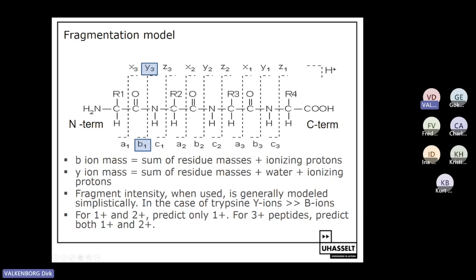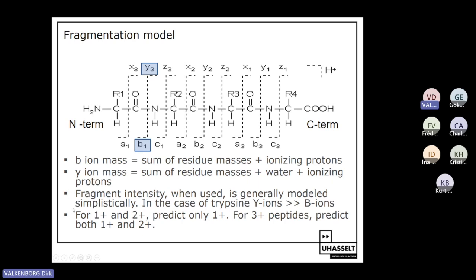So this is how we will generate, for every candidate peptide, a virtual spectrum by enlisting all the B ions and all the Y ions, taking into consideration possible charge states. Typically, we will not care too much about intensities in the classical database searches.